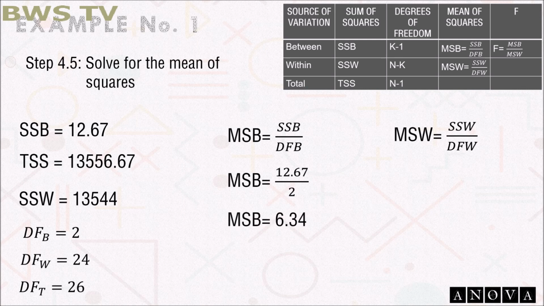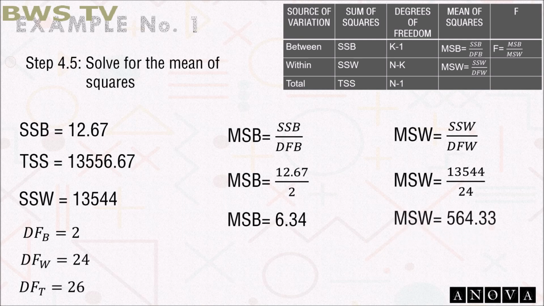When you input that in your calculator, you'll get 6.34. While in MSW, we have SSW over DFW, and when we substitute that, 13,544 over 24. Input that in your calculator and you'll get 564.33.